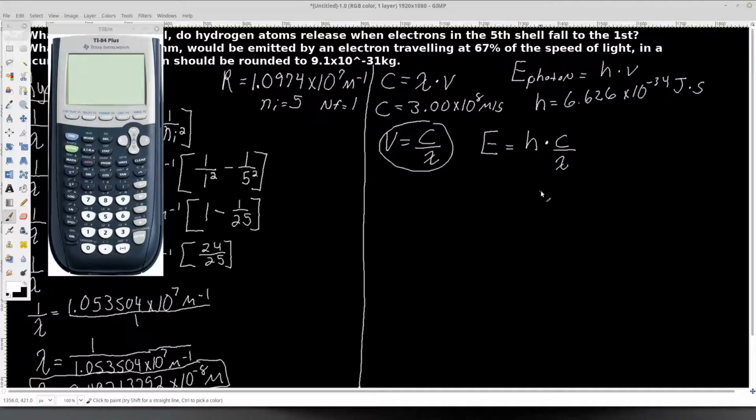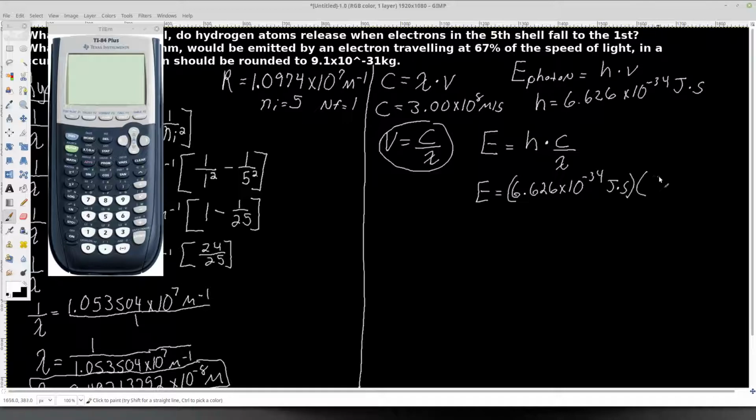Now let's go ahead and plug in these numbers. Energy equals, now Planck's constant was 6.626 times 10 to the negative 34th. Now this is going to be joules times a second. Let me go ahead and write that in there. Now we're going to need the speed of light.